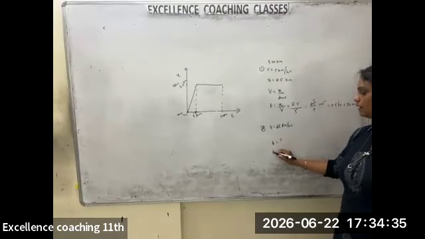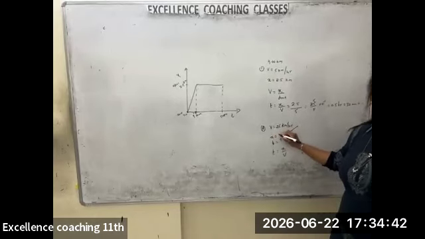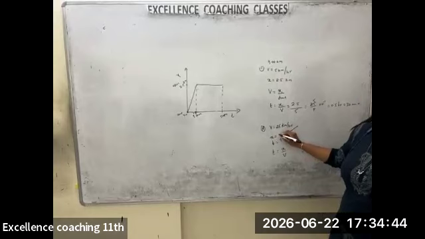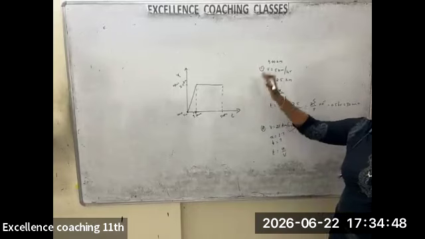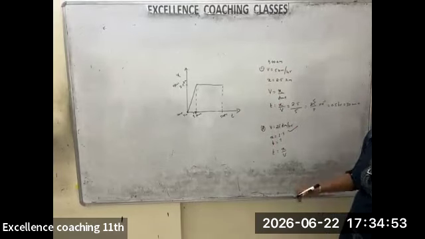For time, what is the formula? X upon V. V is given to you. What is X here? Same, no? Office and home distance is 2.5 kilometers.